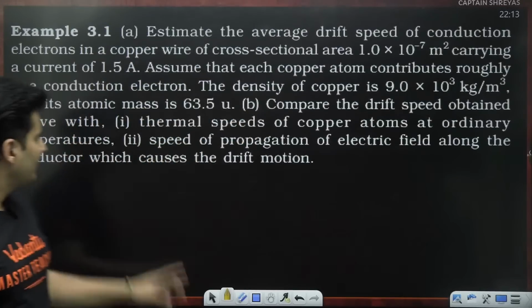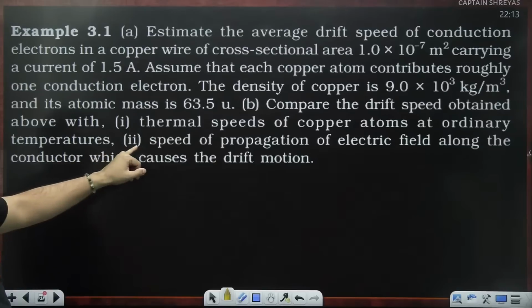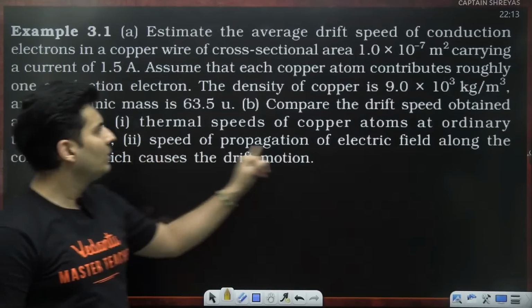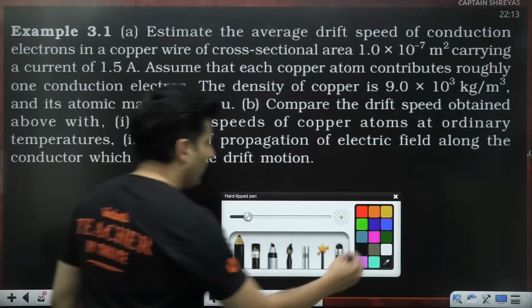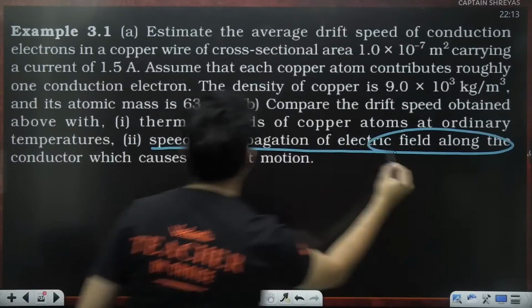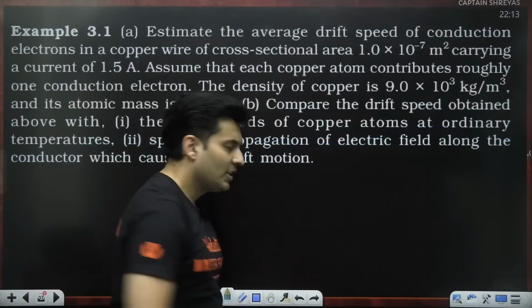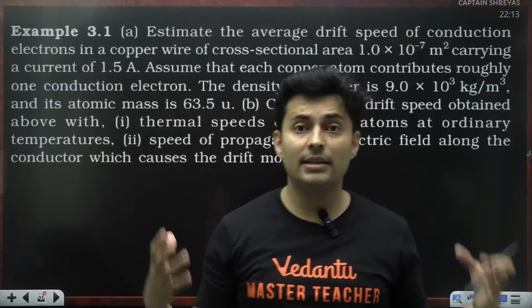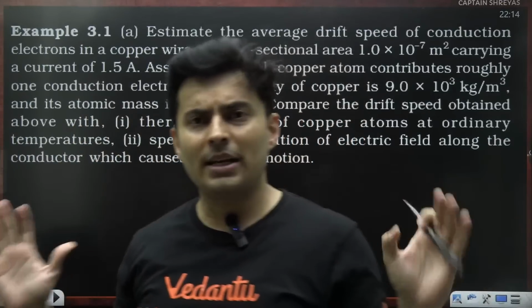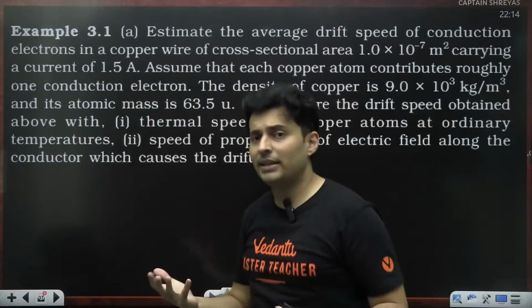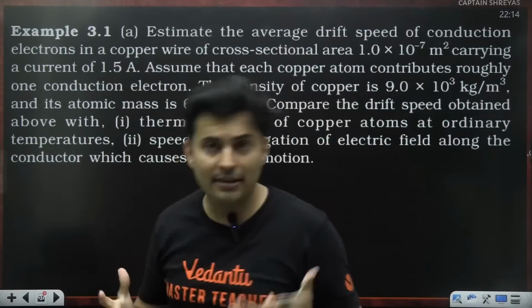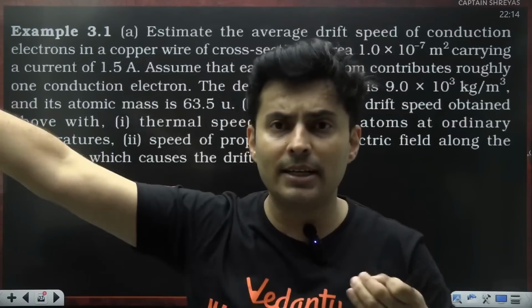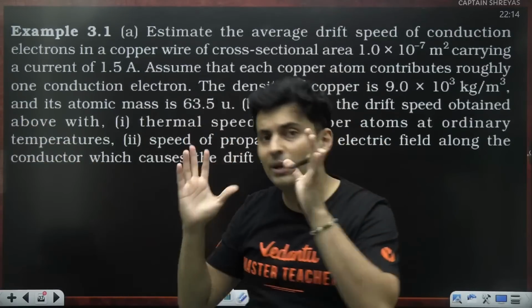Before solving anything else, the third part, speed of the propagation of the electric field in the conductor, we can do very easily. What is the speed at which the electric field moves inside anything? If you remember, light is an electromagnetic wave. An electromagnetic wave or light travels at what speed? The speed of light. So electric field, magnetic field, if there is a charge, zoop, the information will travel, the field will travel everywhere at the speed of light.